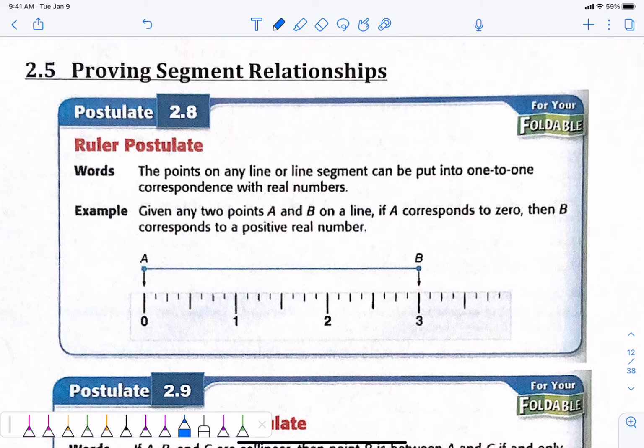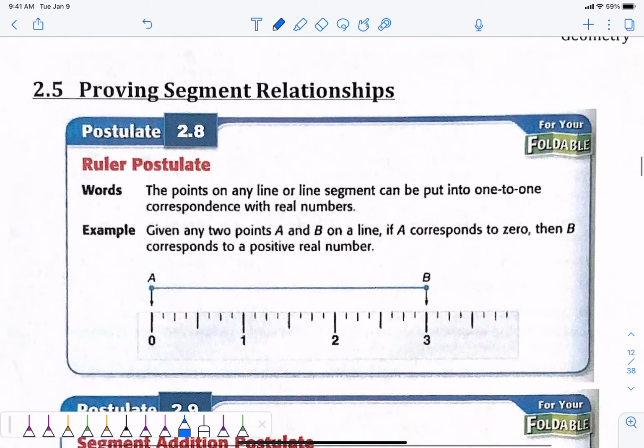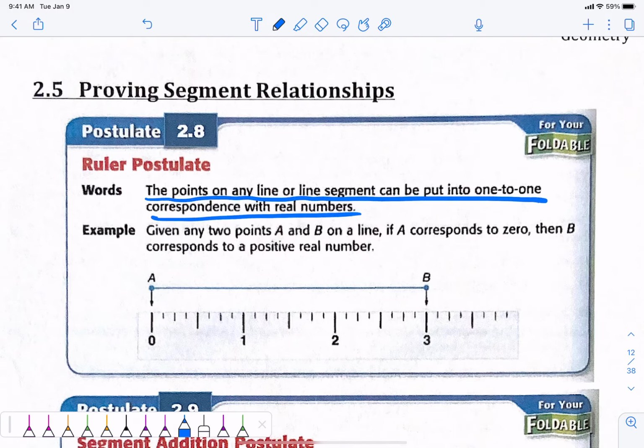Okay, 2-5 is proving segment relationships. There are things that we're going to write down on our blue sheet, and some things that we're not going to write down. Like this first one is the ruler postulate. It says the points on a line or line segment can be put into one-to-one correspondence with real numbers.